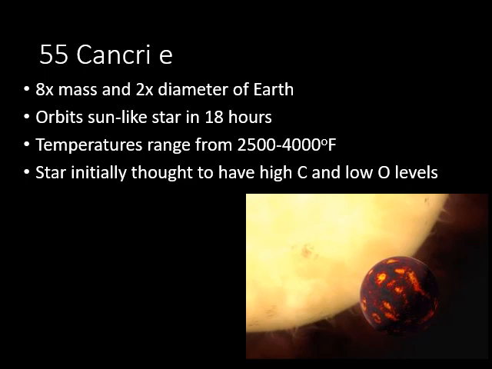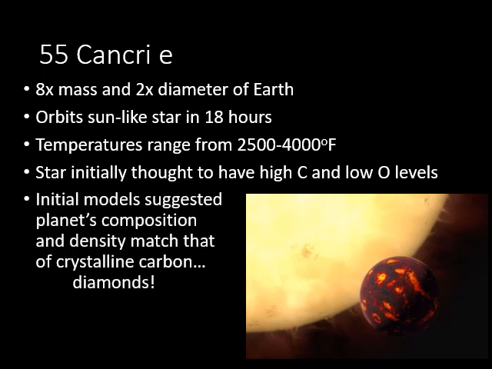So if this star is enriched in carbon, then the planets that are orbiting around the star likely have higher amounts of carbon as well. So what does that mean for 55 Cancri E? Well, if this planet is really, really dense, if it has a high amount of carbon, then we can do some modeling to show what the interior of the planet might look like.